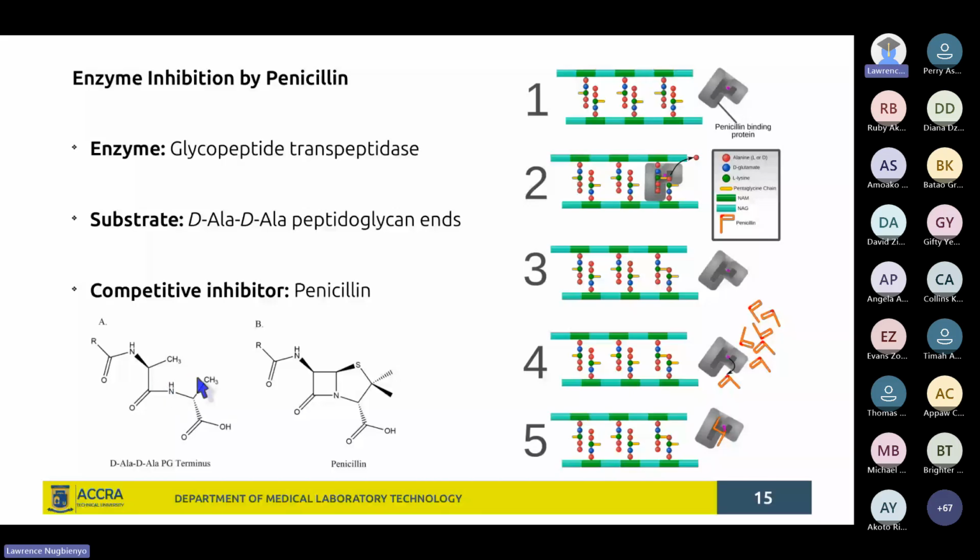But for penicillin, you see that it is closed. See, this ring is closed. But for the glycopeptide itself, this place is opened.